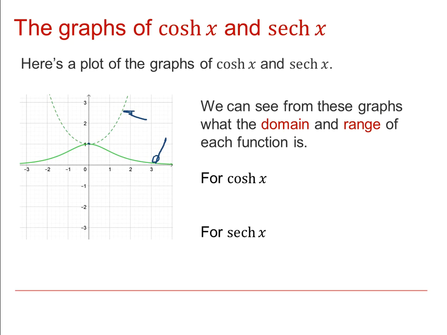We can look at the domain. The domain is the values of x, and the range, the values of y that the function takes. So cosh x is defined for all real numbers, and its range, as we can see from the graph, is greater than or equal to 1.